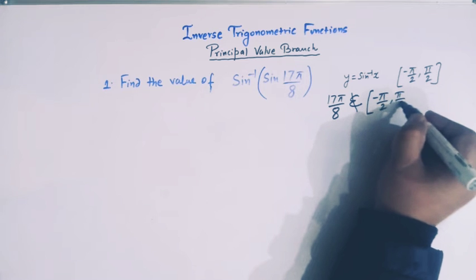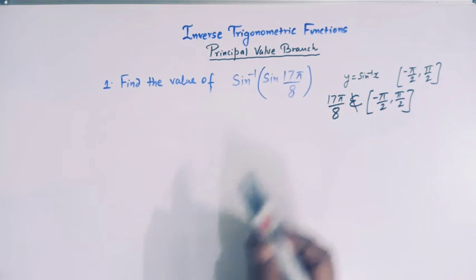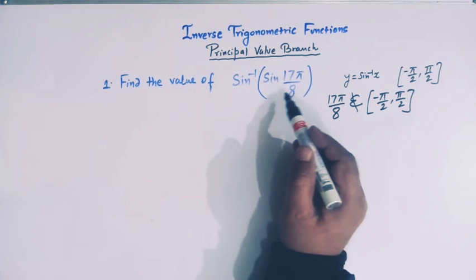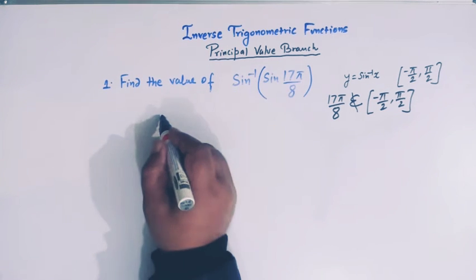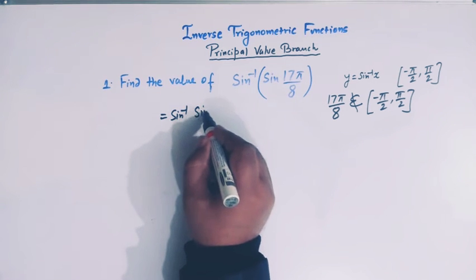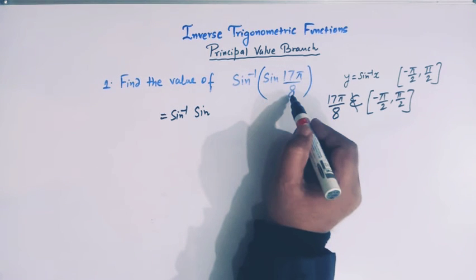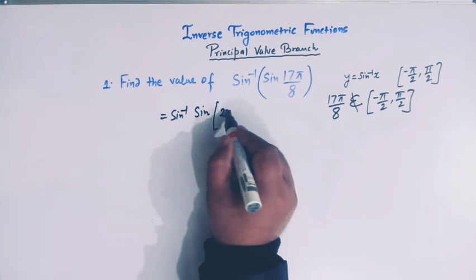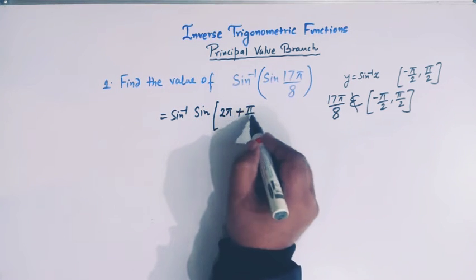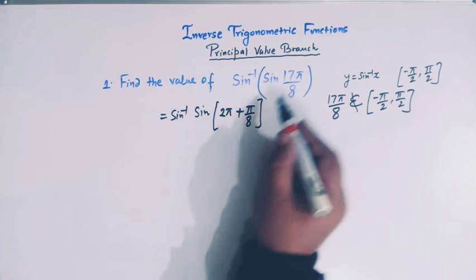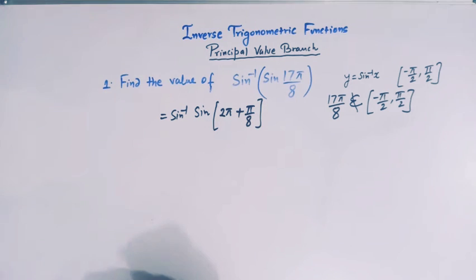So what we will do, we'll express this angle as a sum of two angles, right? So let us do it. So we have sine inverse, and then we have sine, and 17 pi over 8 can be written as 2 pi plus pi by 8, right? So this is 16 pi plus pi, 17 pi over 8.